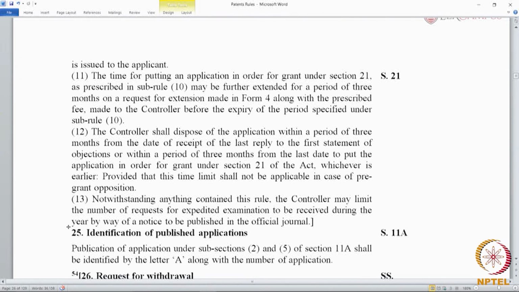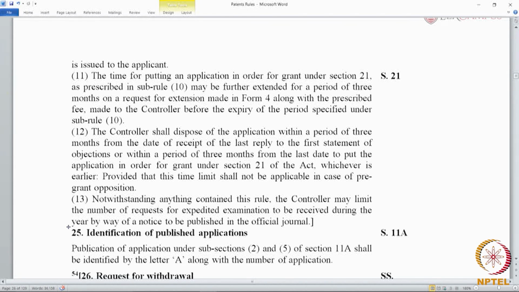Now, this statement is simply not there in 24B, and there is no timeline in 24B which mandates the controller to dispose the application within 3 months. So, that is where the subrule 12 becomes important for us in understanding the timeline in 24B.